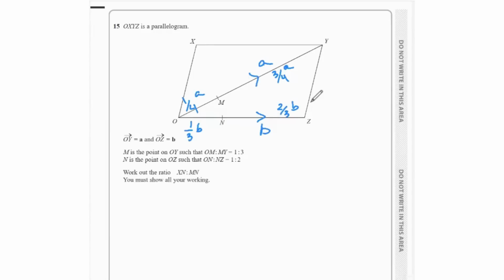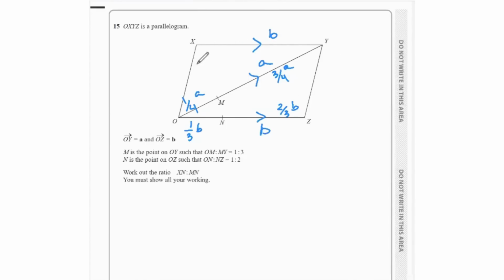So now that we've established this, they want us to work out the ratio of XN to MN. So first thing, XN is going to be XO plus ON. We don't know what XO is going to be, but we know that if OZ is B, XY is also going to be B because parallel vectors are the same.